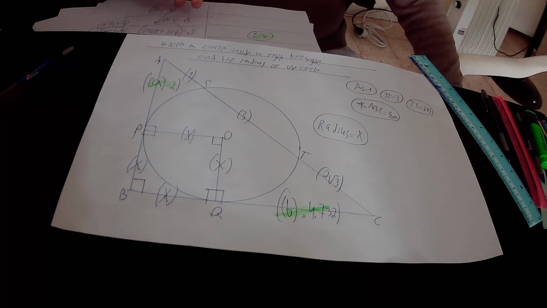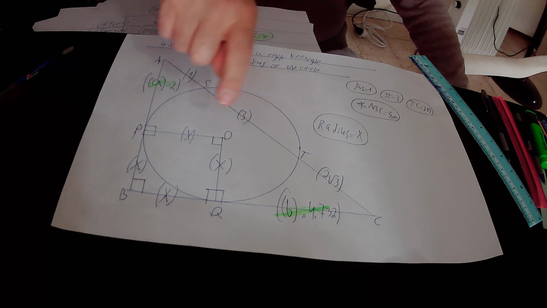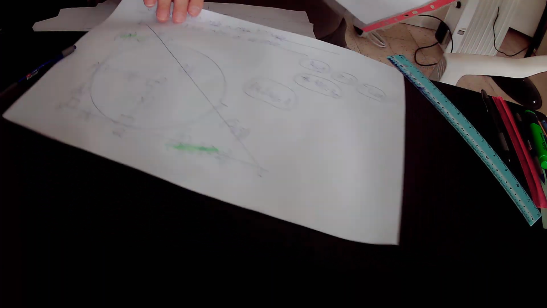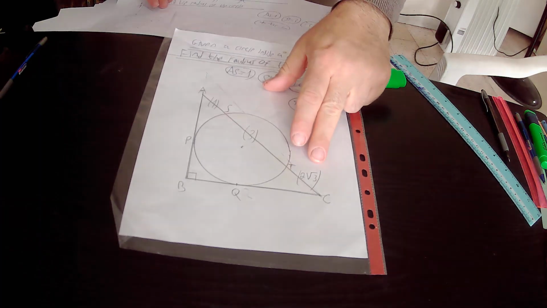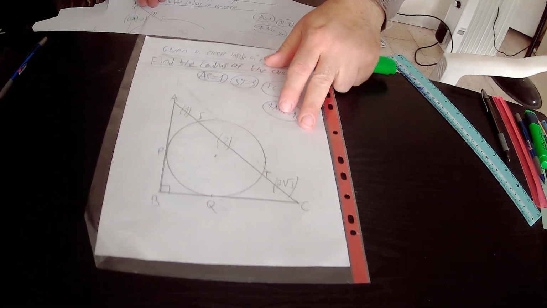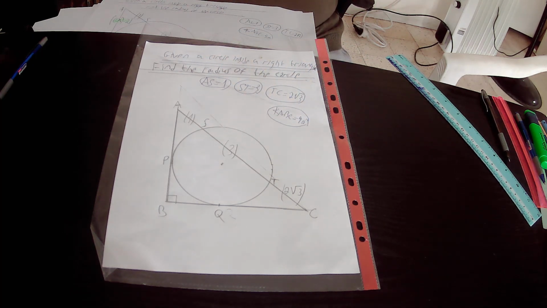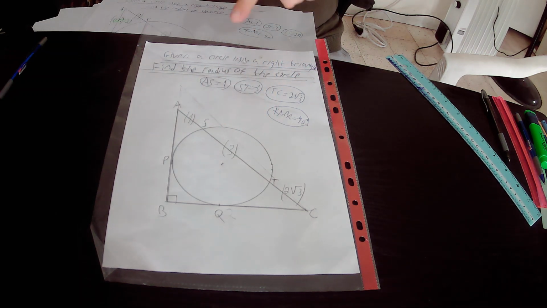In this lecture, I found the radius of this circle. So in the drawing, we have the right triangle ABC. Inside this right triangle ABC, we have this circle, and our mission is to find the radius of this circle.